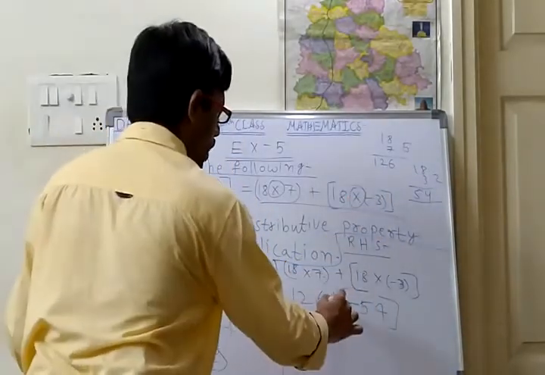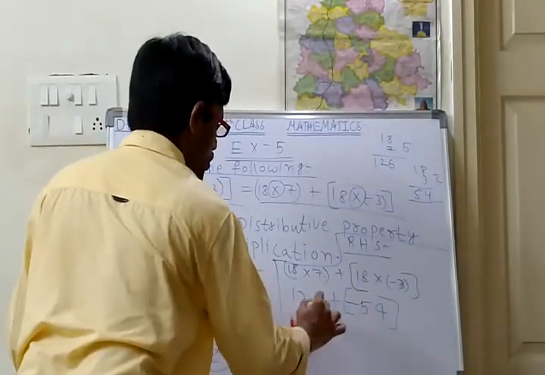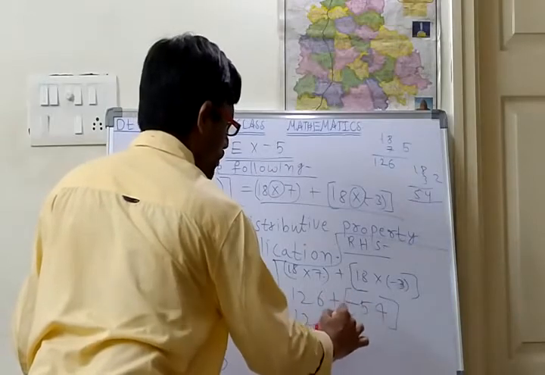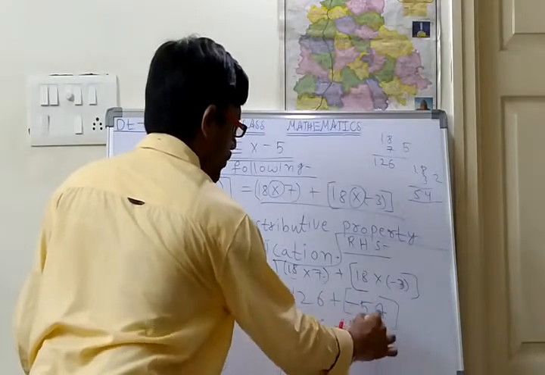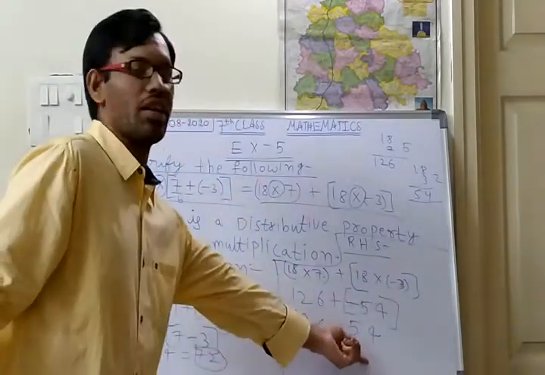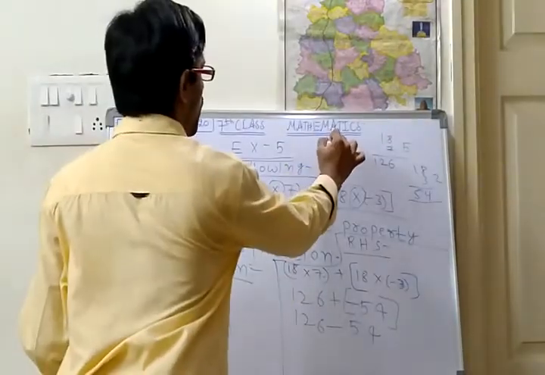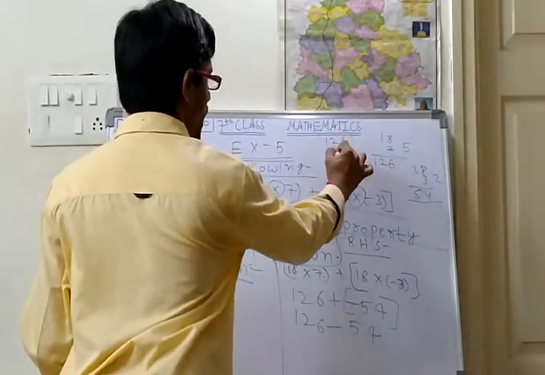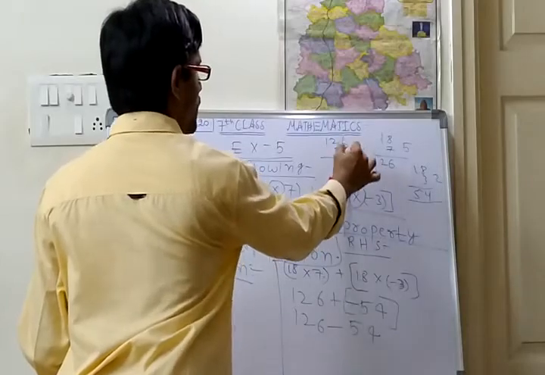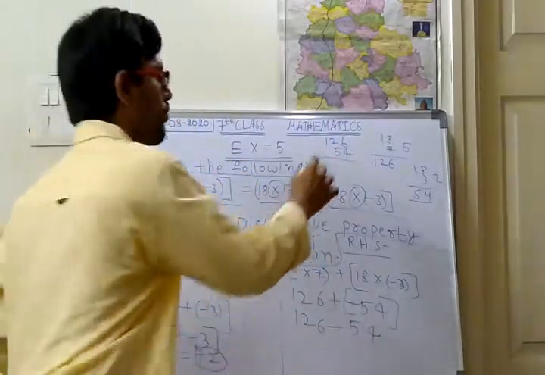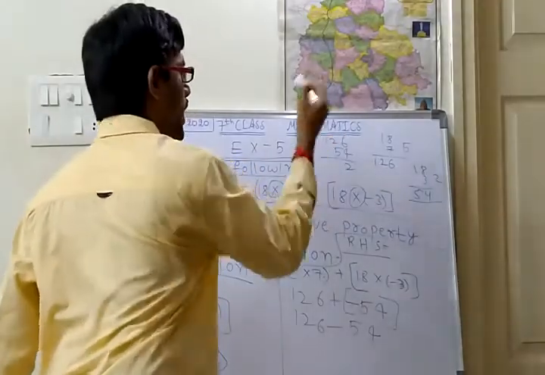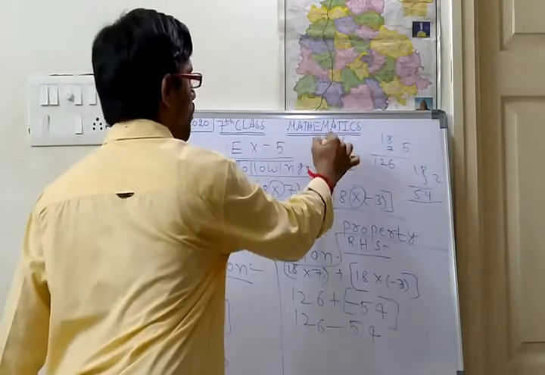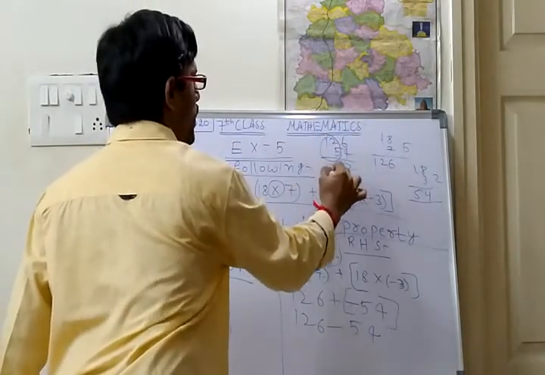Now you have to remove this bracket. So 126 plus into minus, minus 54. So 126 minus 54 you have to solve. 6 minus 4: from 6 if we remove 4 it is 2. 12 minus 5 is 7. So 72.